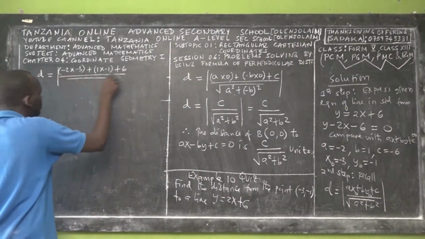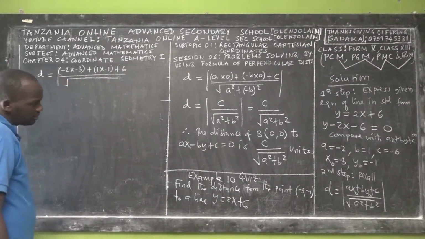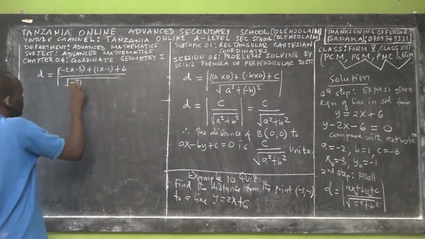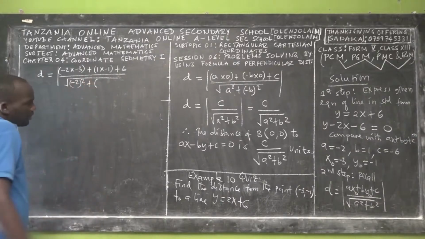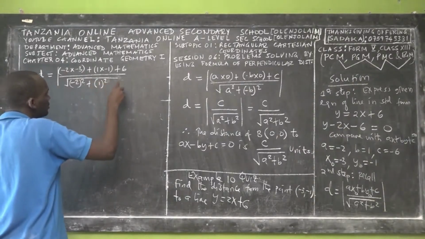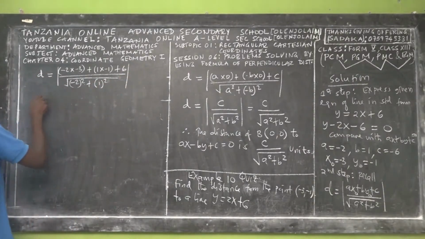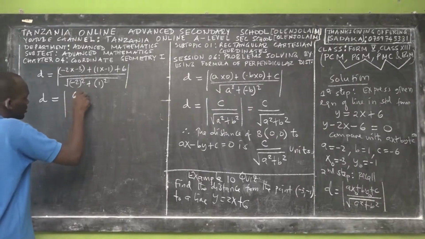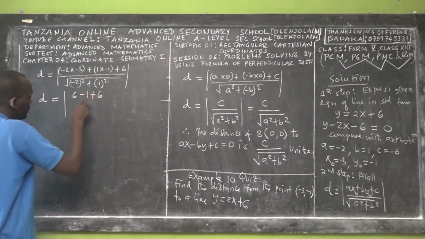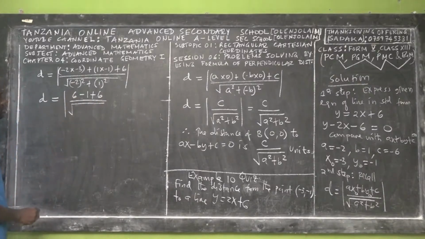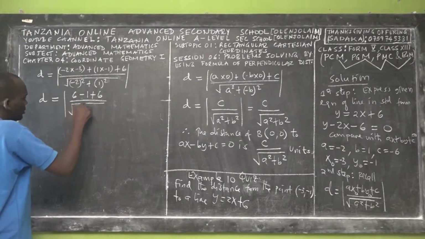Then we have to find the square root of A, which is -2 squared, plus B, which is 1 squared. Then the distance is equal to the absolute value of 6 minus 1 plus 6 over the square root of 4 plus 1.